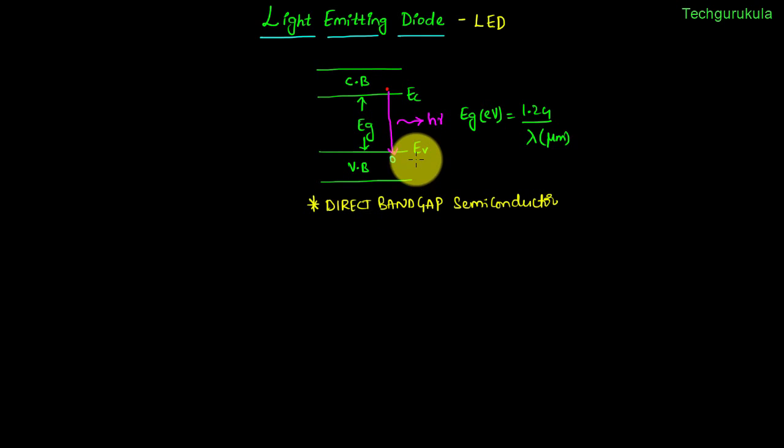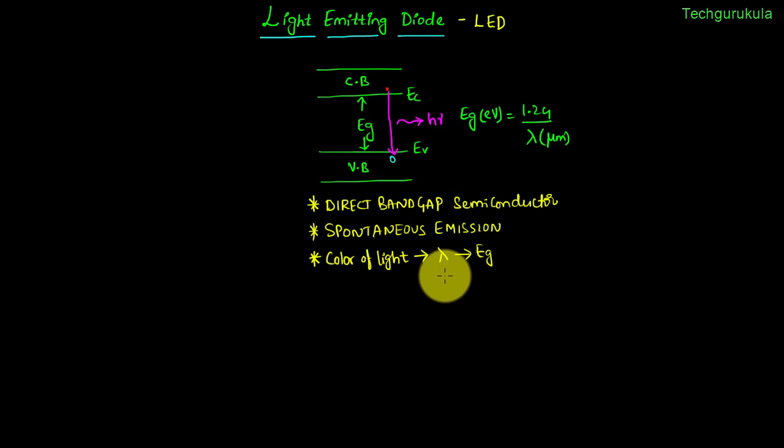And in this recombination, we are not stimulating the electron to recombine. It is happening spontaneously. So we call this recombination spontaneous recombination, and the emission spontaneous emission. And we also said the color of light depends on the wavelength lambda, and lambda depends on the energy bandgap of the semiconductor we choose.